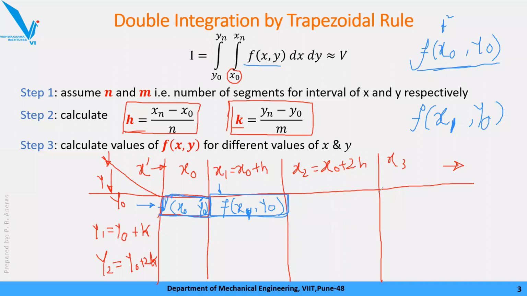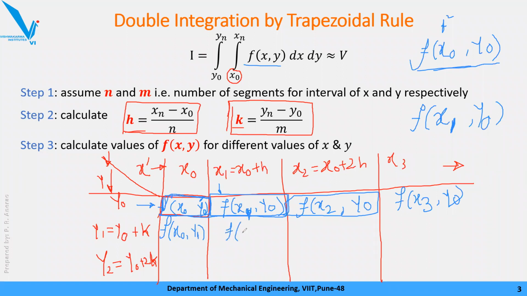Now next task, ये अगर calculate करना होगा तो function में you need to put the value of x2 and y0. This part f of x3 and y0 you need to enter. Okay, so apply the same concept for remaining values here. You are going to evaluate function with value of x0, but y is now y1.